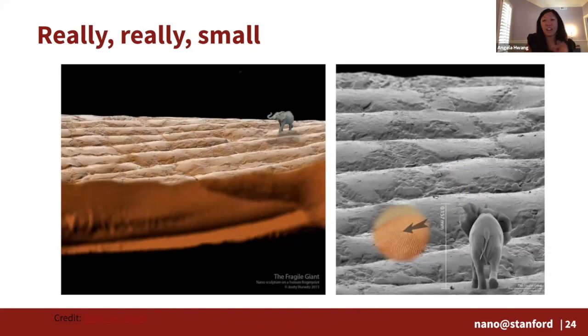Another thing that I thought was really cool, this artist not that long ago created this fingerprint here. On the left over here, this is a really close up image of a fingerprint, like on your finger. And then a tiny elephant, which is 0.157, so about 160 nanometers tall, and he put it on this fingerprint.